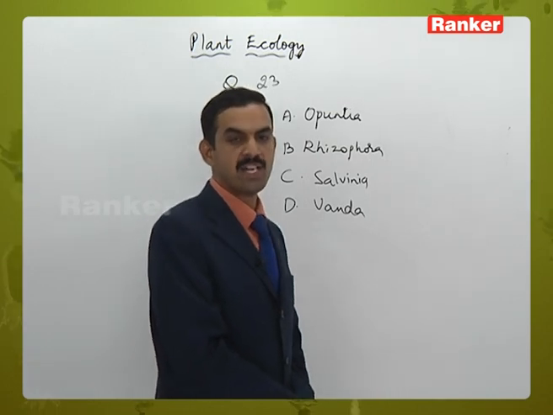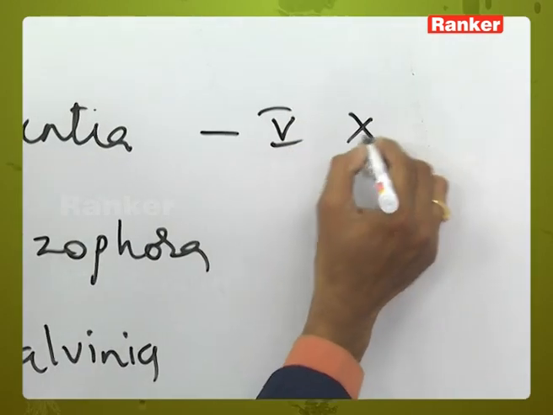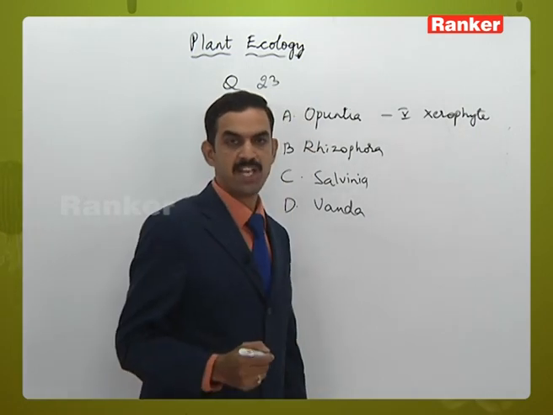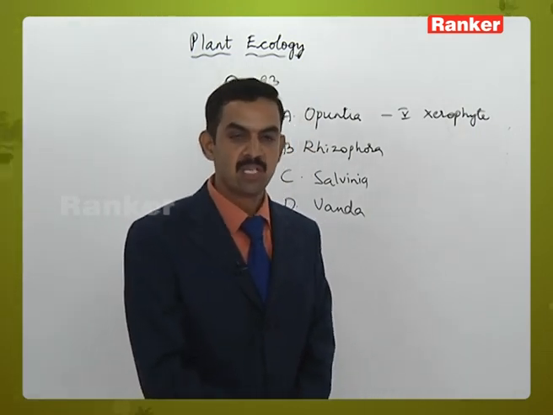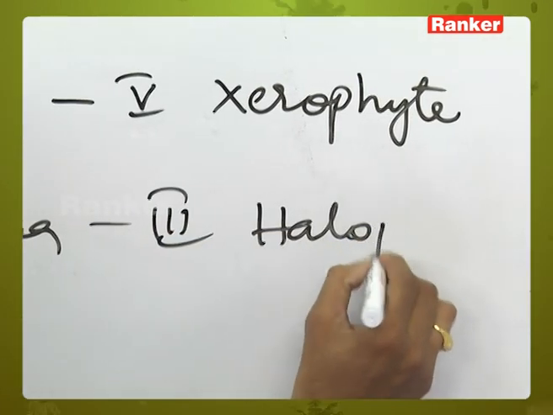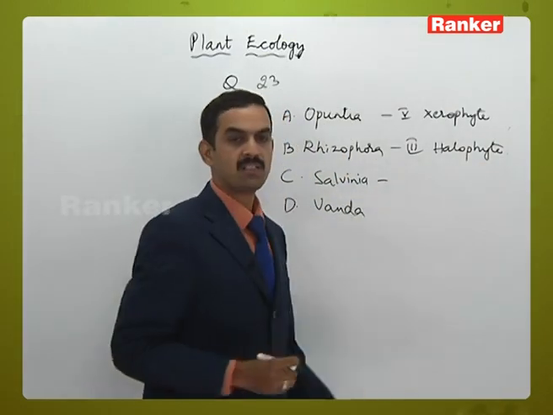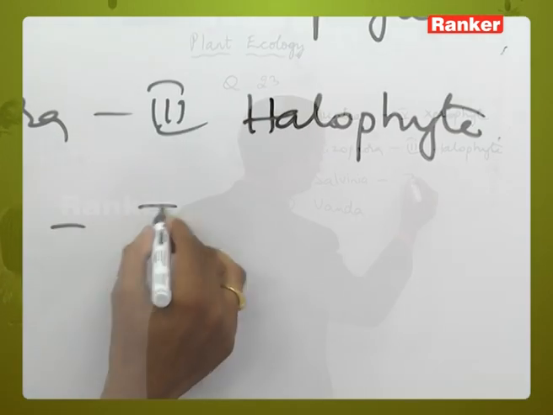So here Opuntia is a xerophytic plant, that is the fifth one. It's a xerophyte. Then Rhizophora is a plant which is growing in the saline areas, so that is a halophyte. Then Salvinia is a hydrophytic plant, and so option 1.